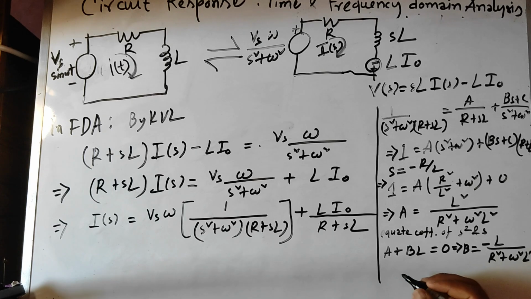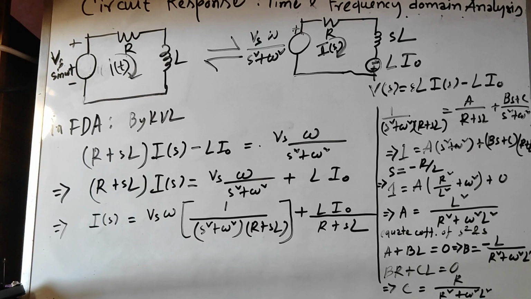And for C, if we equate the coefficients of s only, we get BR plus CL equals 0, which will give C equals R by (R square plus omega square L square).